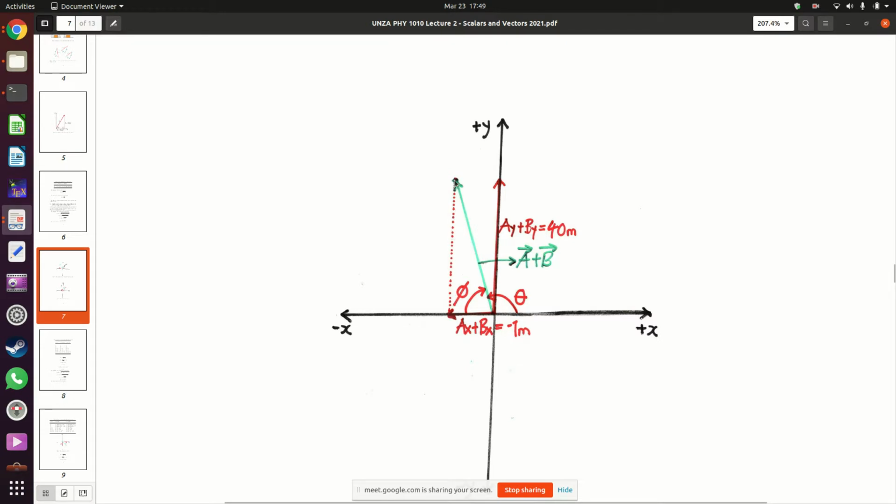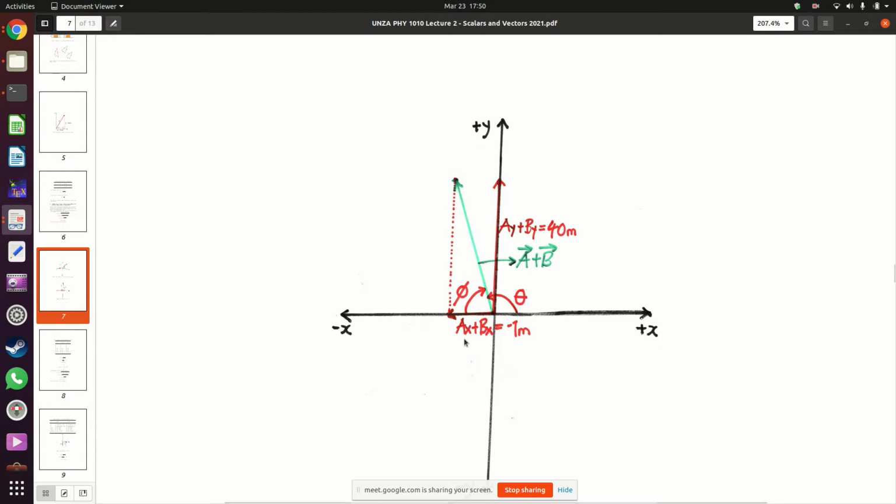Can you see that? The a plus b, the resultant, is the hypotenuse, then ay plus by is the opposite, then ax plus bx is the adjacent. Can you see that we have a triangle here with hypotenuse 40 meters, the opposite 40 meters, the adjacent minus 1 meter? Is that clear?